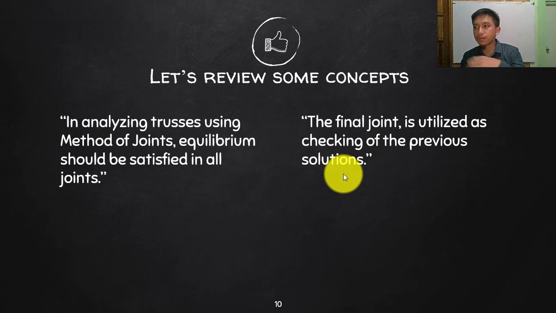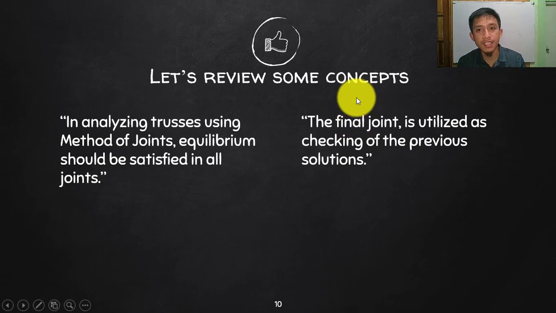If you solve from joint to joint, you will be solving all the member forces, but there will be one joint that will not be used, and you already solved all of the member forces. So I suggest always using this one as your way of checking the others. How do we know that it is correct using that final joint? You need to satisfy all the equilibrium conditions within the final joint: the summation of forces horizontal and the summation of forces vertical. So simple as that for the analysis of truss using the method of joints.